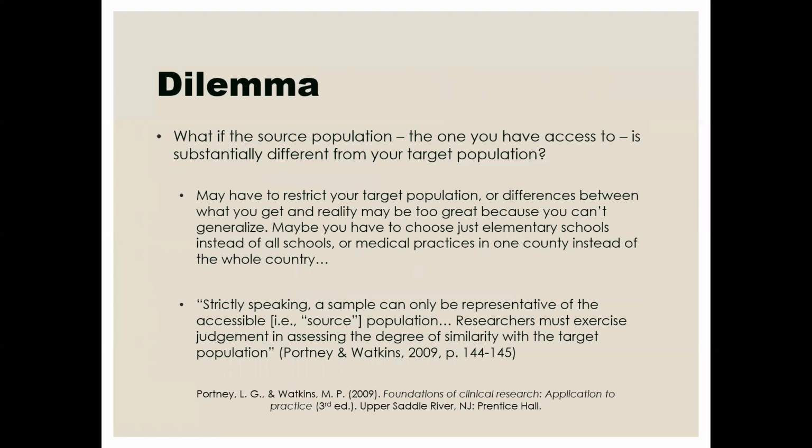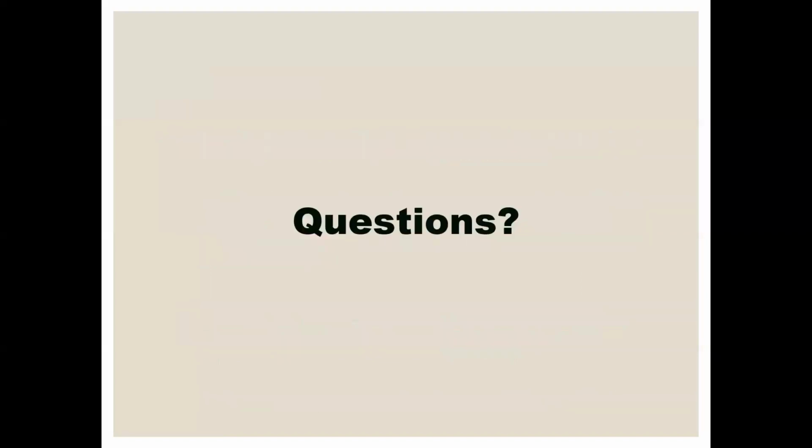You can do research, but the big thing is if you're not using a standardized way of pulling a sample, you have to let people know, right? So looking at one county versus the whole country, looking at one practice versus many practices or many hospitals, you just have to let people know that you can generalize these results only back to places that are similar, right?